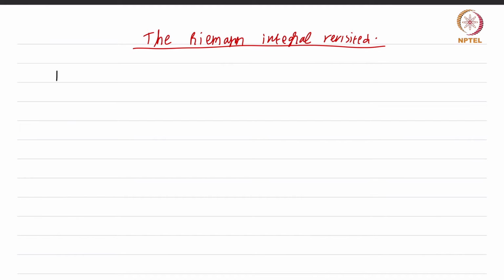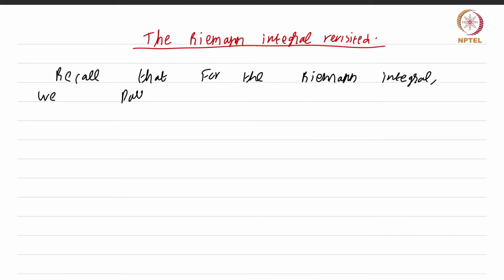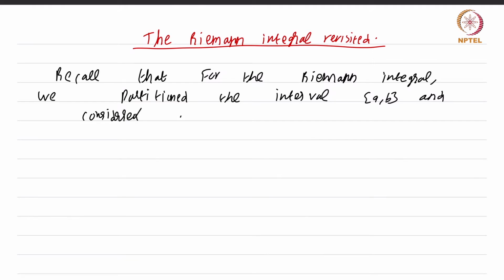So, recall that for the Riemann integral, we partitioned the interval [a,b] and considered upper and lower sums.